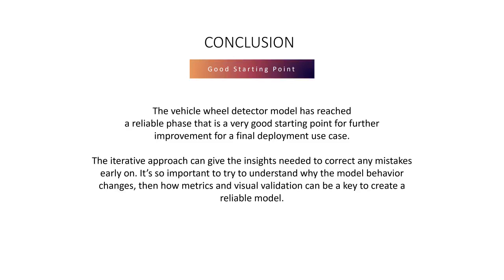And it's so important to understand why the model behavior changes and how you look at the metrics to give clues, and also visual validation by testing. Those are very important key points to create a reliable model.